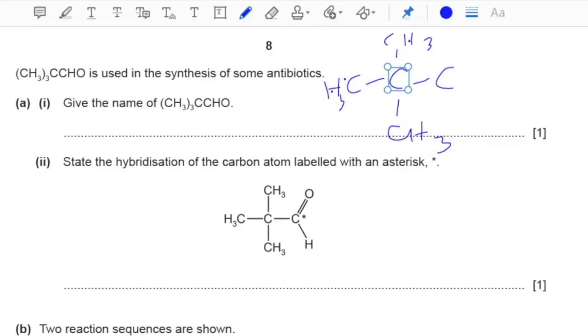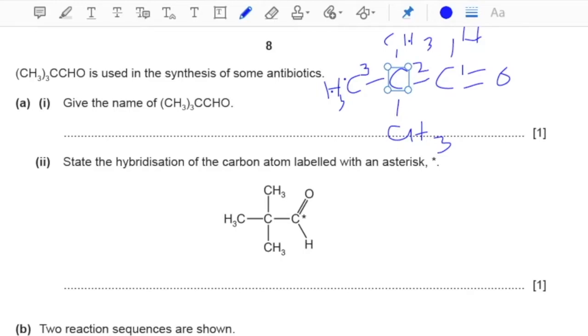This carbon atom over here has an aldehyde functional group. So I will start labeling my longest chain from the side which gives the least number to the carbon atom of my functional group, which is the CHO aldehyde group in this question. So I'll start labeling it this way: 1, 2, and 3. This is the longest straight carbon chain for me.